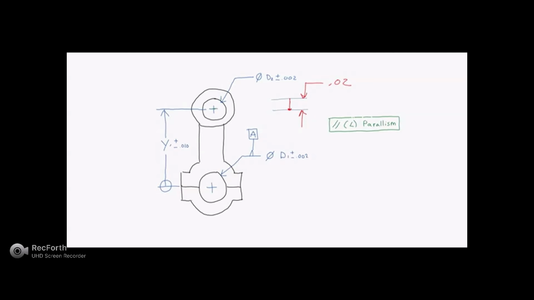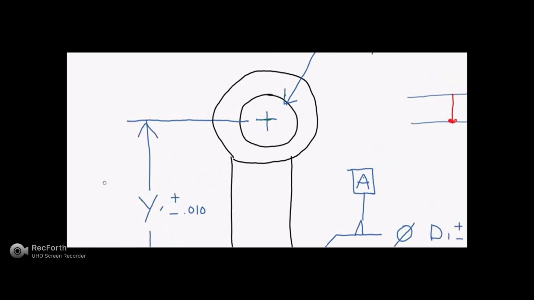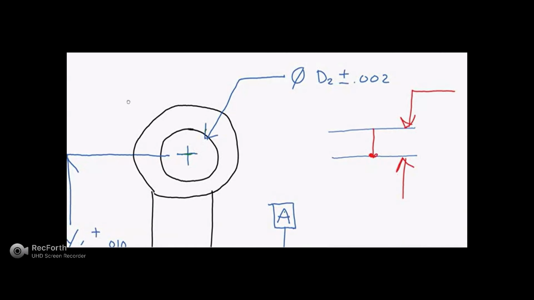So to refine this parallelism, we're going to associate our feature control frame with our size dimension, and we're going to use an orientation control. We're going to use angularity, but as we know, parallelism is equal to angularity.